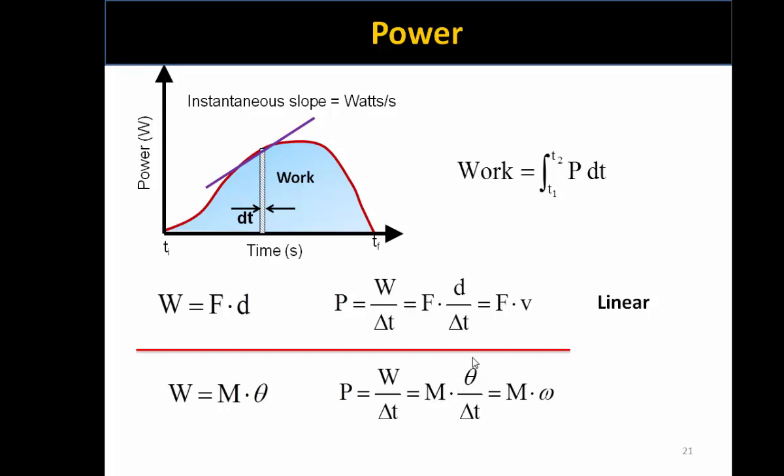We have a particular angle through which that rotating segment has moved per unit time, and when we take the change in angle divided by the change in time, that is going to be equal to omega, which is our angular velocity. So although the symbols here are different, they represent the same quantities. This ends this lecture on the analytical relationship between work and power.